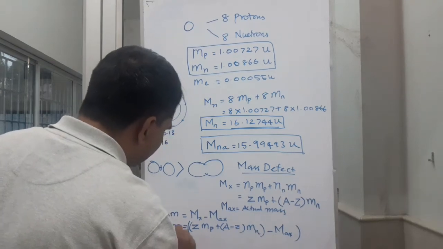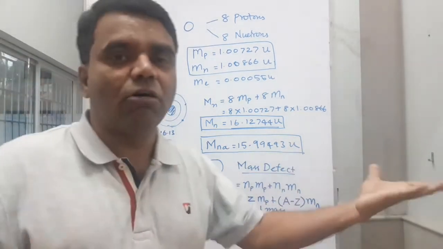So this is the delta. This is the mass that's gone, it's not there now.